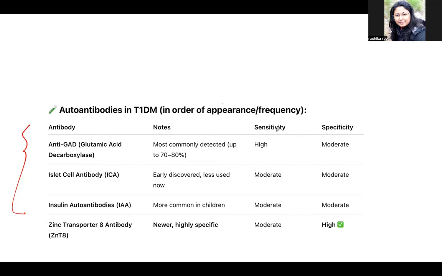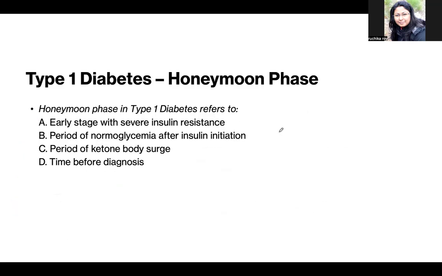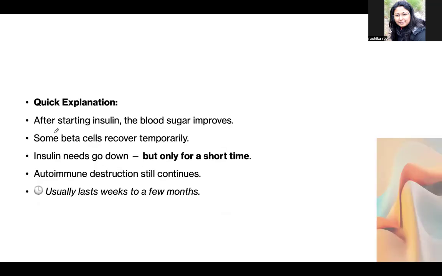Let's move to another question. The honeymoon phase in type 1 diabetes refers to: option A, early stage with severe insulin resistance; option B, period of normoglycemia after insulin initiation; option C, period of ketone body surge; option D, time before diagnosis. The answer is a period of normoglycemia after insulin initiation.